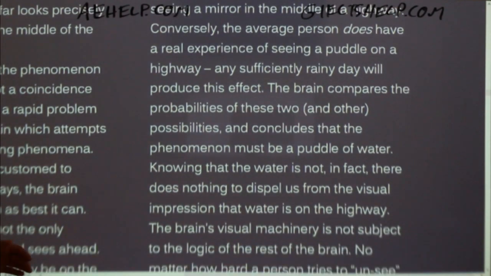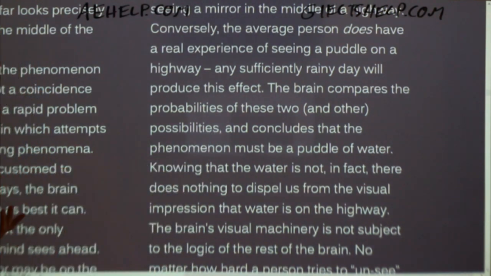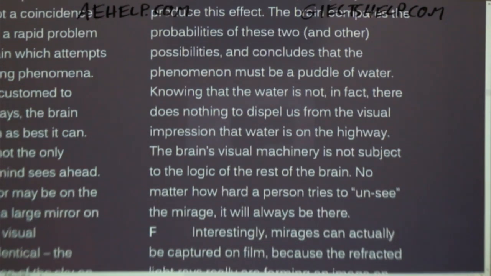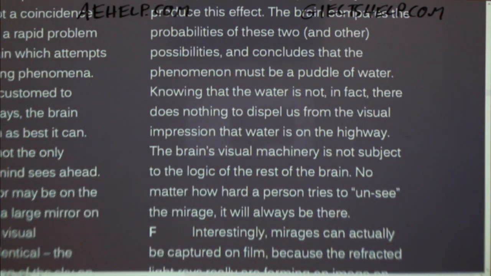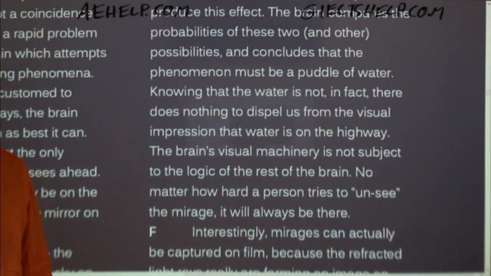The brain compares the probability of these two and other possibilities and concludes that the phenomenon must be a puddle of water. Knowing that the water is not, in fact, there does nothing to dispel us from the visual impression that water is on the highway. The brain's visual machinery is not subject to the logic of the rest of the brain. No matter how hard a person tries to unsee the mirage, it will always be there.